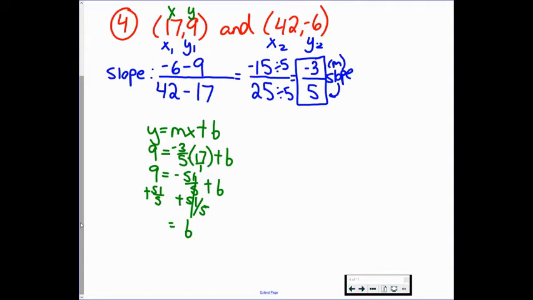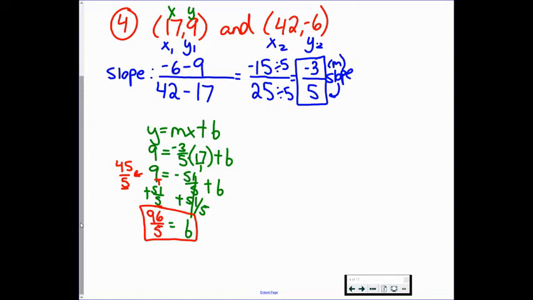So to rewrite this fraction, I'm going to change this 9/1 by multiplying the top and bottom by 5. Now that these have a common denominator, we can add the fractions together. 45 plus 51 is 96/5. And that's the value of b.